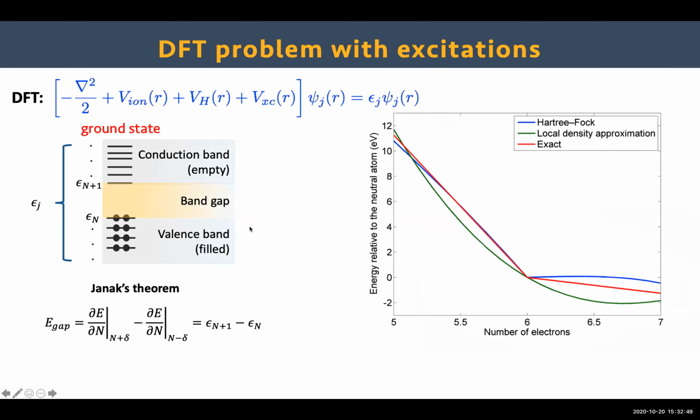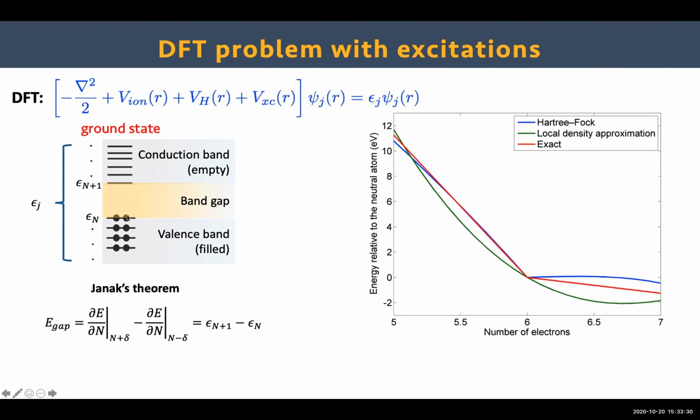What we are interested in on the electronic structure calculation side is to get the right band gap, because the band gap is essentially important for the optical properties of a material. Once you have the density functional theory expression like this and you solve for the epsilon j's and psi j's, the eigenstates are put into ascending order, and then the electrons start populating those states.